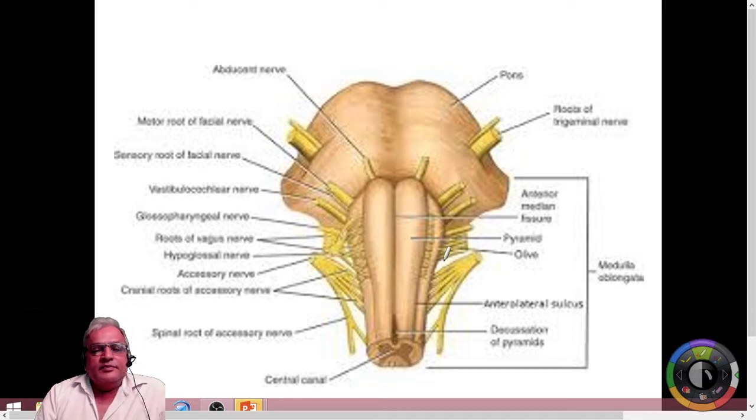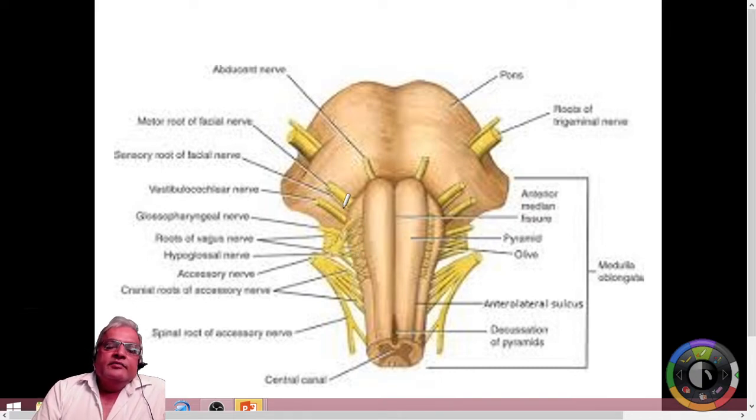So which are these? You can see the glossopharyngeal nerve, that's the 9th nerve, the 10th nerve, the 11th nerve. These take origin from a straight line here between the olive and the inferior cerebellar peduncle, whereas the hypoglossal nerve is located slightly more anteriorly, right?